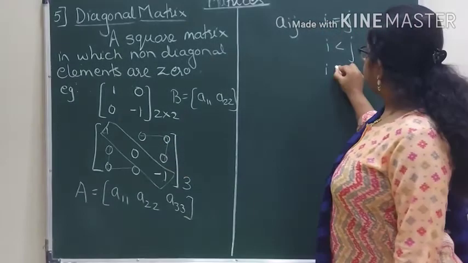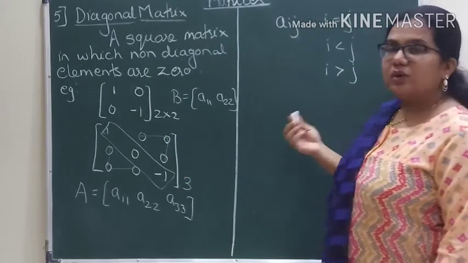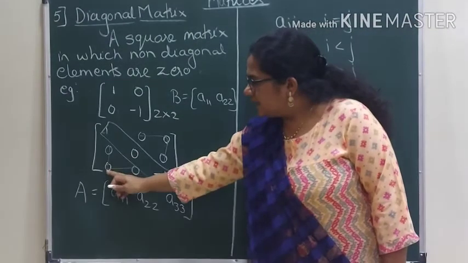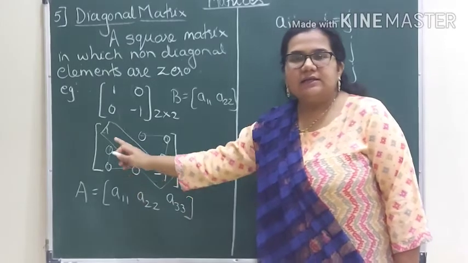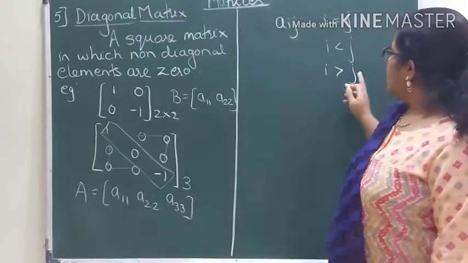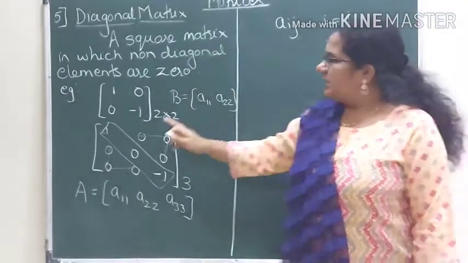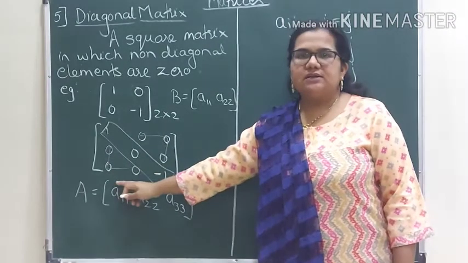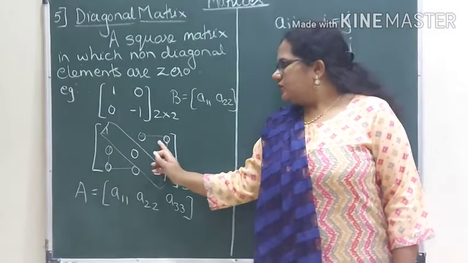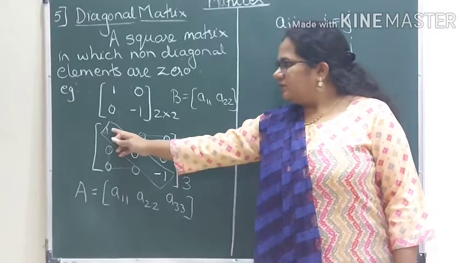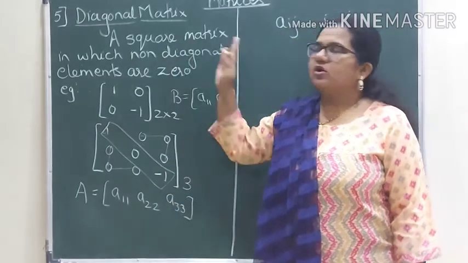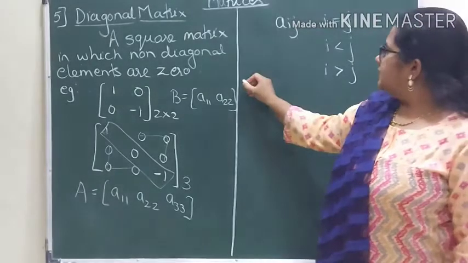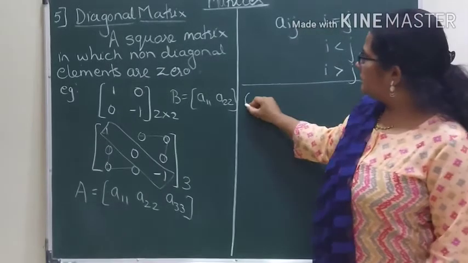If i is greater than j, that is the row number is greater than the column number, that is a21, a31, a32, then they become the elements below the diagonal. So these are above the diagonal and these are below the diagonal. So when all these elements are 0, leaving the diagonal elements, then it is called a diagonal matrix. Okay, understood what a diagonal matrix is?